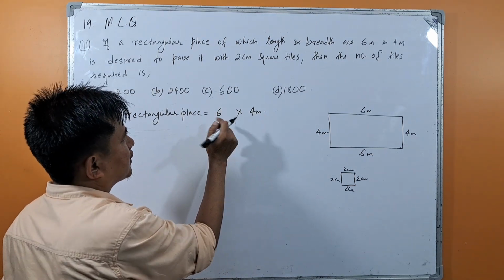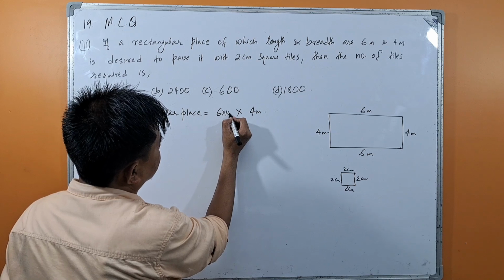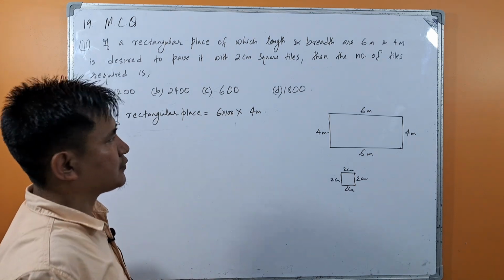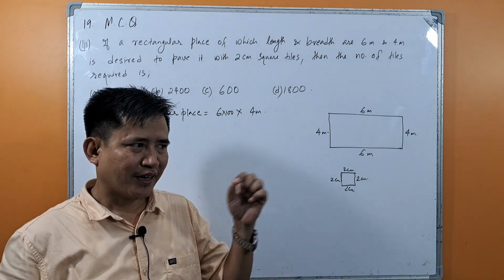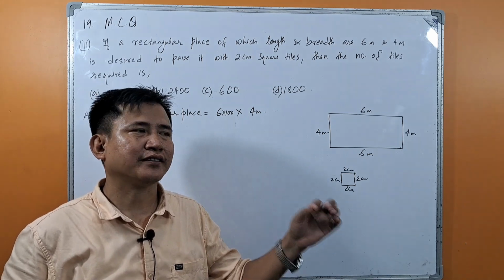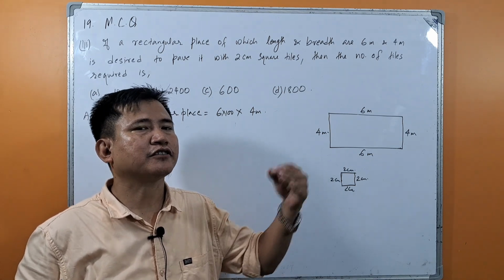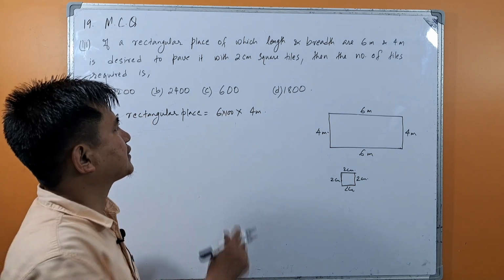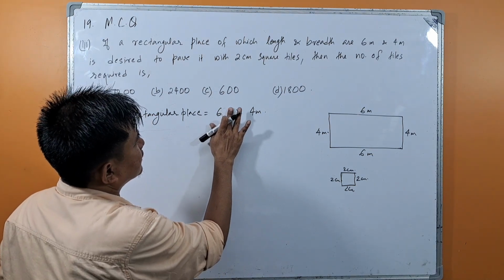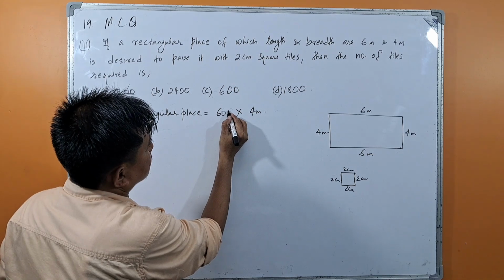So 6 into 100, because 100 centimeter equals 1 meter. That means if we want to convert meter to centimeter, we multiply with 100. Okay, 6 into 100 is 600 centimeter.